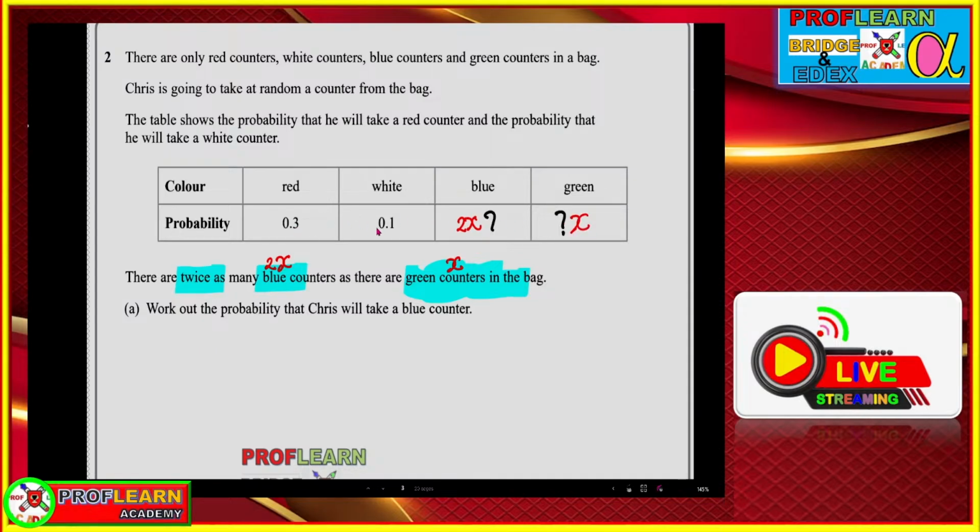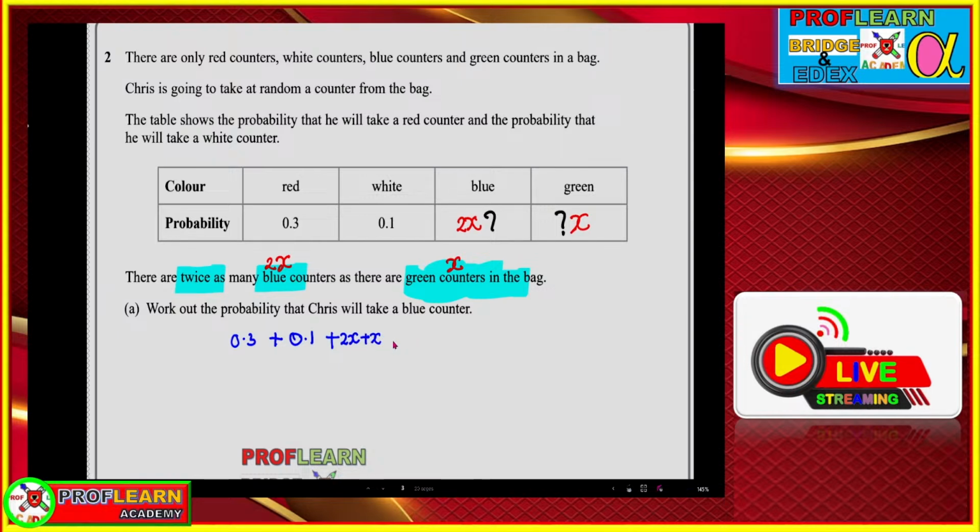Therefore, if you add all these probabilities, it must give you a value equivalent to 1. Probability adds to 1. The highest probability is 1. So this is going to be 0.3 plus 0.1 plus 2x plus x.